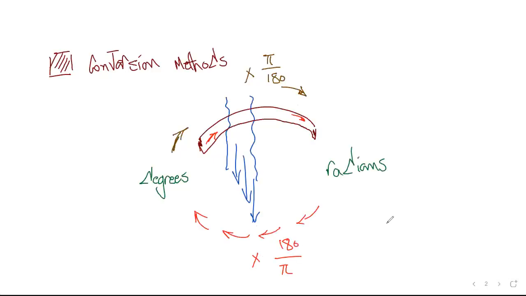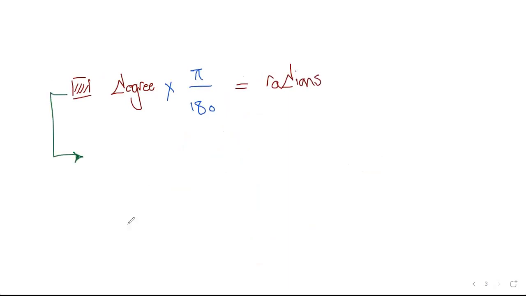As an example, let me write it here. We said degrees, multiplied by pi over 180, gives you the radian measure.